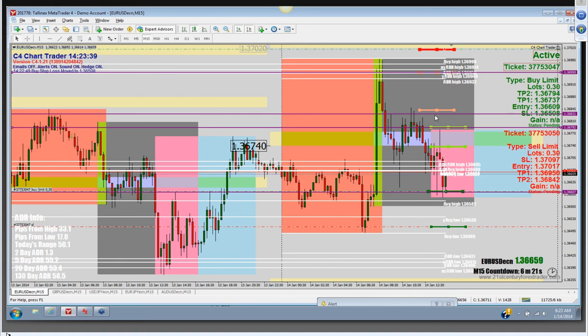Now the cool thing is I don't have to be here to manage these trades. Once these trades are set, we know what our maximum risk is going in. We know our maximum risk is the distance from our entry point to our stop loss. That's our max risk. But I don't have to be here watching it or managing it, because once this trade moves to take profit, the software automatically peels off a third of the trade at take profit 1, and it moves my stop loss to break even +1, protecting the trade, just like we saw earlier from that scalp trade that I took.